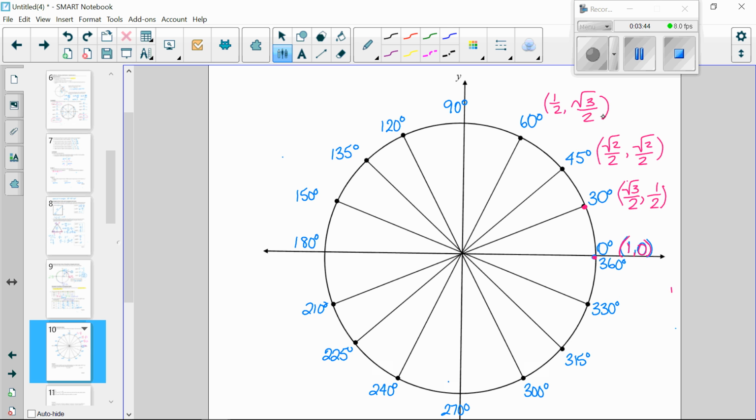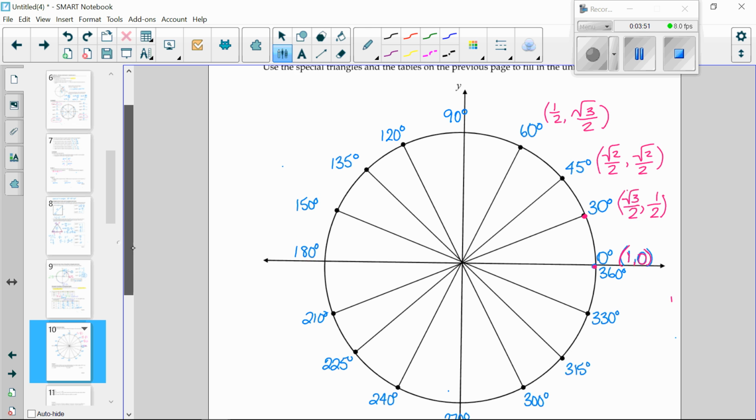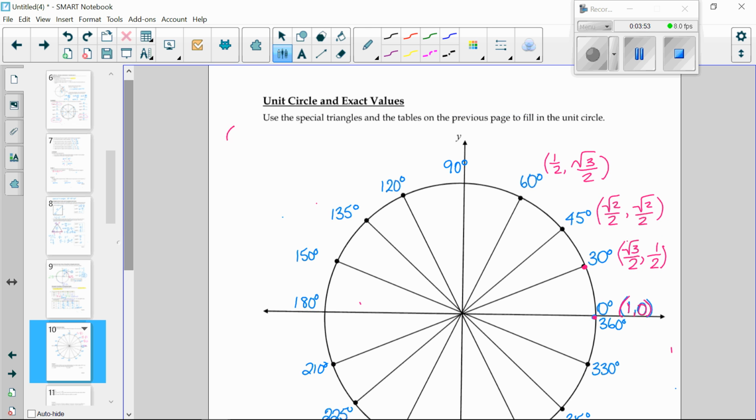So these are the coordinates, but it also tells us the cosine and the sine. I'm just going to write that up here. So coordinate x, y is the same thing as cos theta, sine theta.